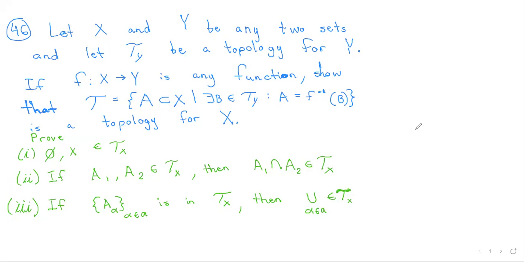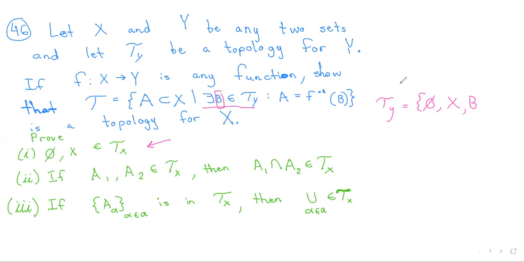Something I'll point out is that topology Y can be any topology, but we know that any topology must contain at least the empty set and the universe. We know that topology Y is a topology for Y. And another thing, for topology Y we usually say open sets G, but here we'll be using the letter B as sets.